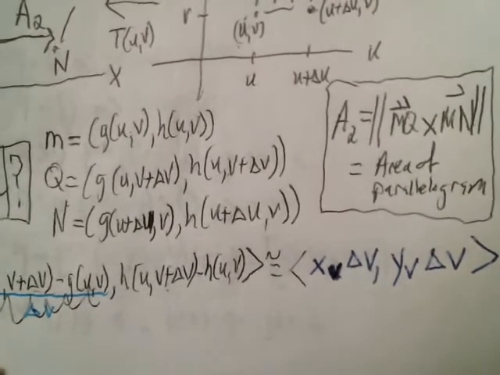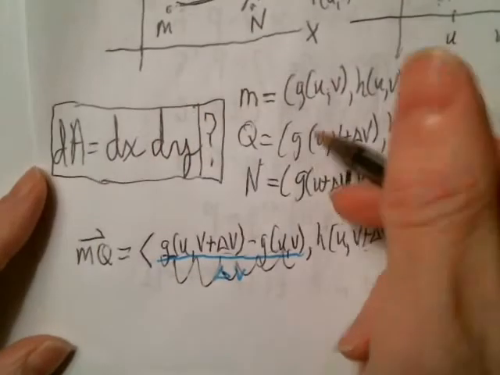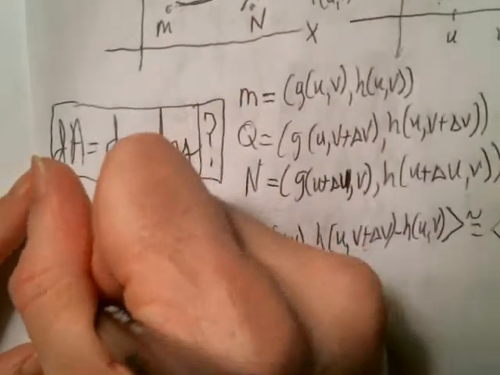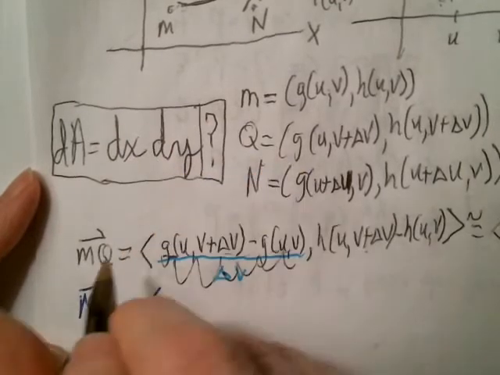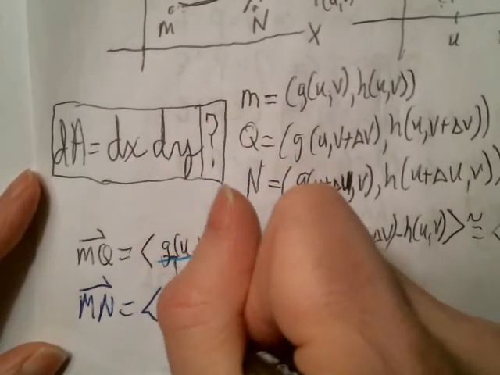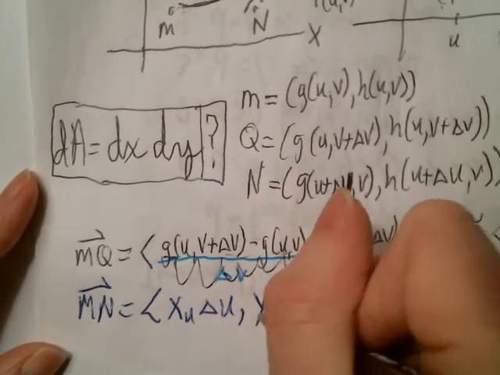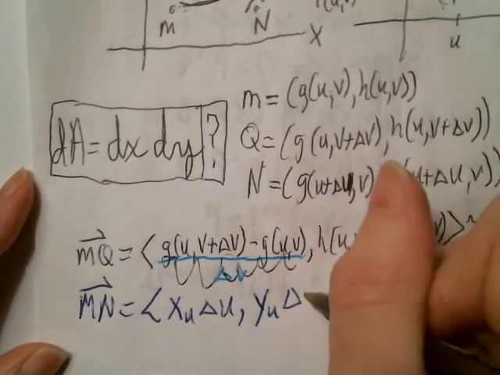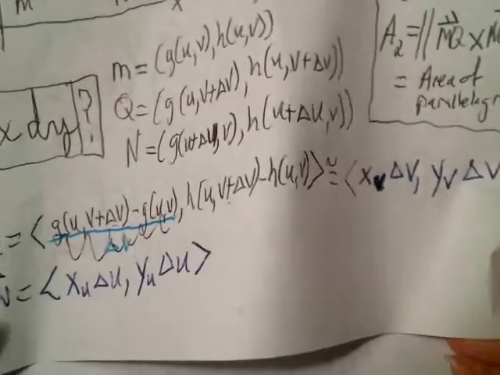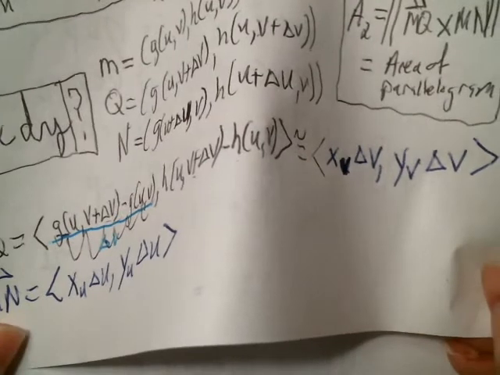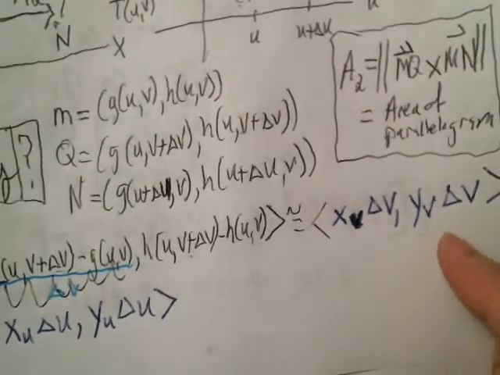Okay. For similar reasons, the other vector mn will just be the partial derivative of x with respect to u times change in u, comma, the partial derivative of y with respect to u times change in u. So if you put that together and do this, you're going to get this weird cross product, right?